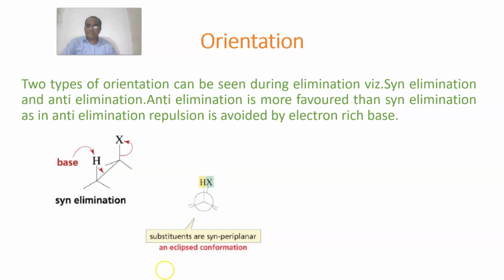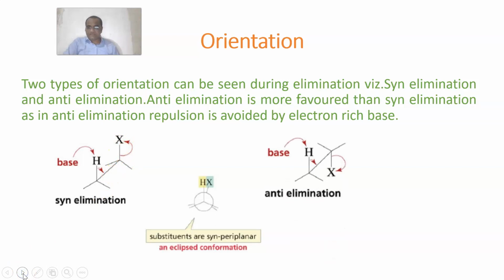Similarly, hydrogen and halogen are behind each other, so it is said to be an eclipsed conformation. Conformation is nothing but rotation of this bond, and due to rotation of this bond, the atoms of the molecule rotate.